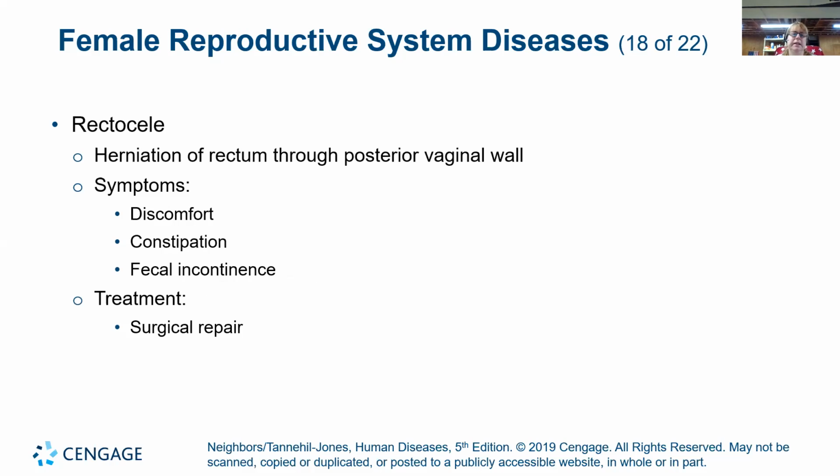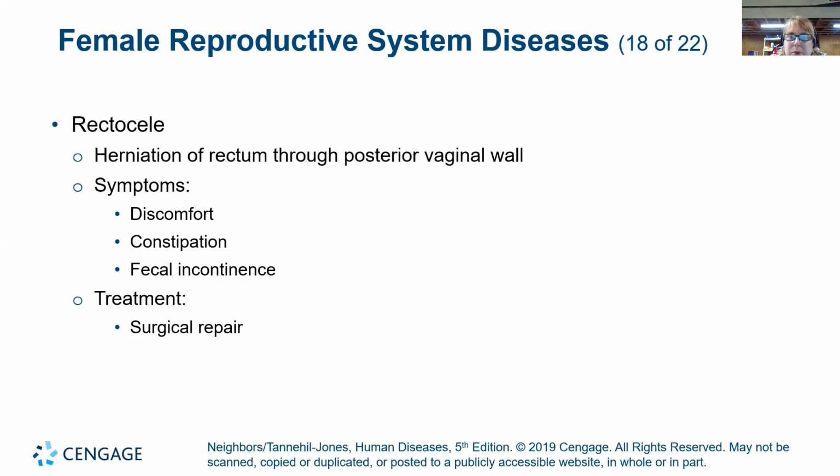So rectocele is the complete opposite, okay, of cystocele. This is a herniation of the rectum through the posterior or back vaginal wall, okay? And again, it's not like the rectum pushes completely through to the vagina, or the vagina pushes completely through to the rectum area.